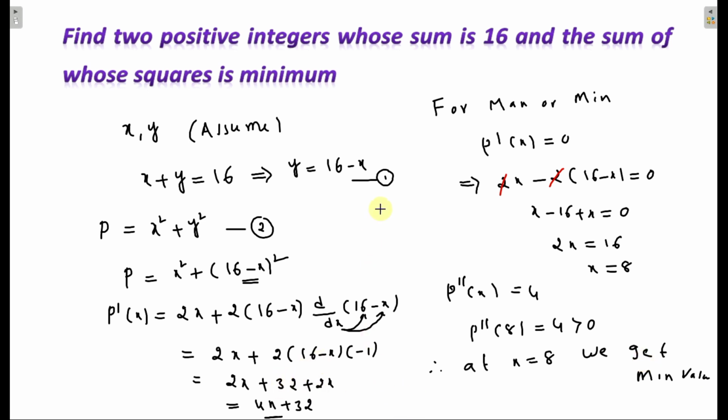So when x is equal to 8, using this relation, I can write y is equal to 16 minus 8 means 8. So when x is equal to 8 and y is equal to 8, we get the sum of the squares is minimum. This is the problem.